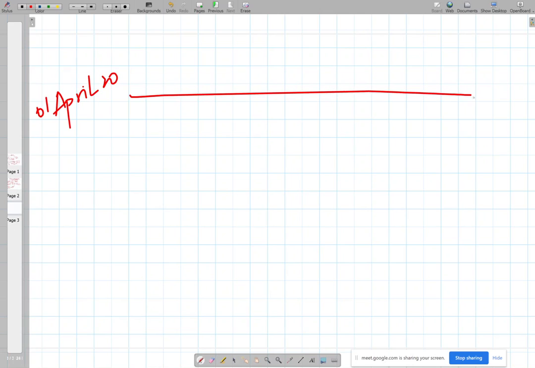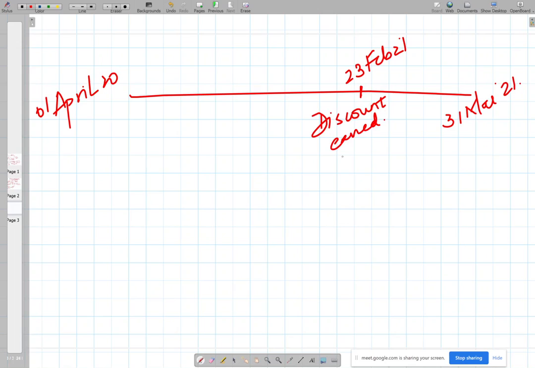Let's show it a little differently. 1st April 2020 to 31st March 2021 is the financial year, correct? So somewhere here, on 23rd February 2021, the discount of rupees 500 has been earned by the bank.